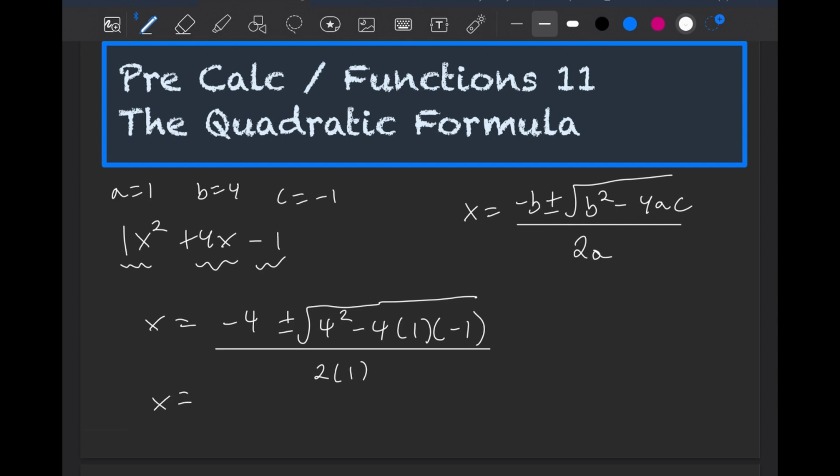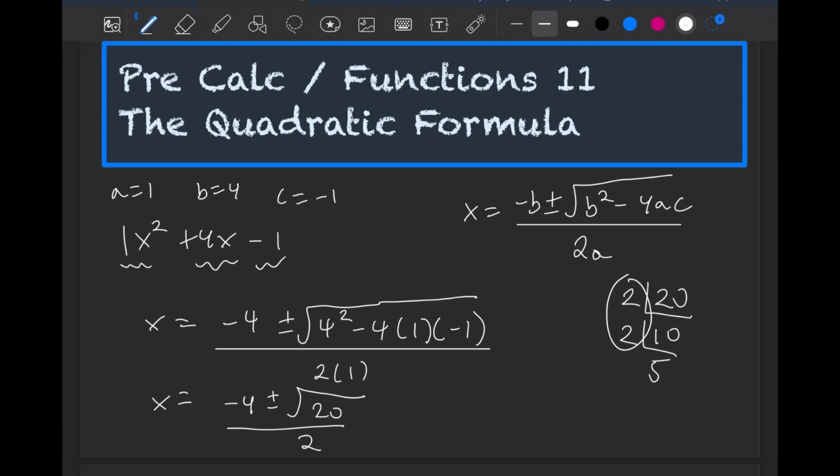x is equal to minus 4 plus or minus the square root of 20, all over 2, which you can simplify down because we know 20 can be broken down to 10 and then 5, so we can take out a group of 2, so 2 root 5 for the root 20, and then the minus 4 as well.